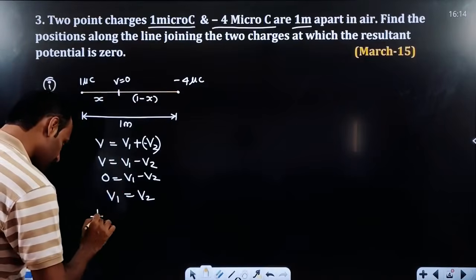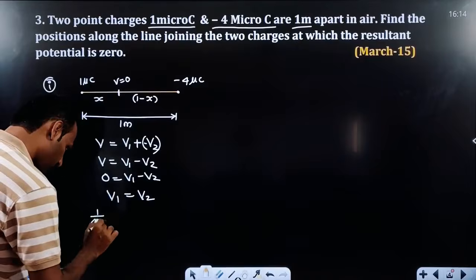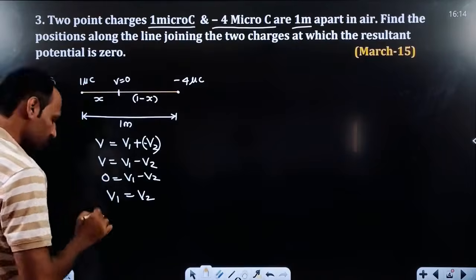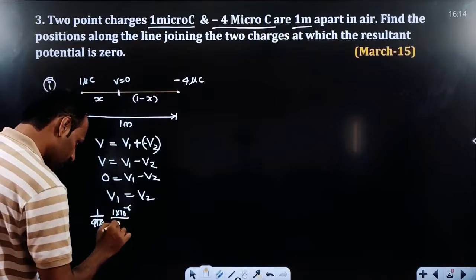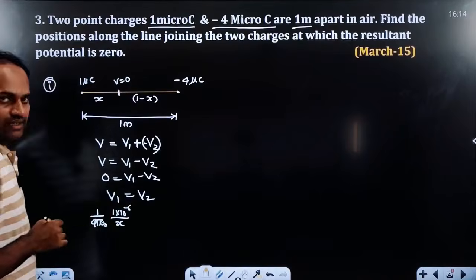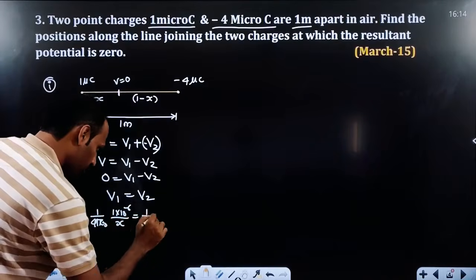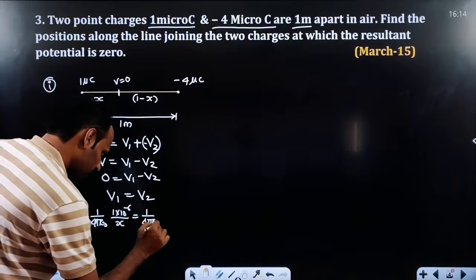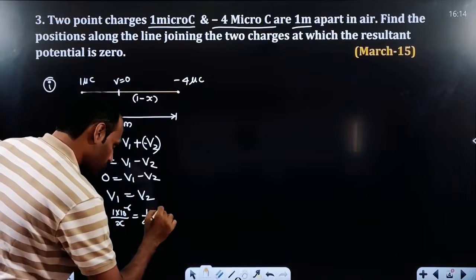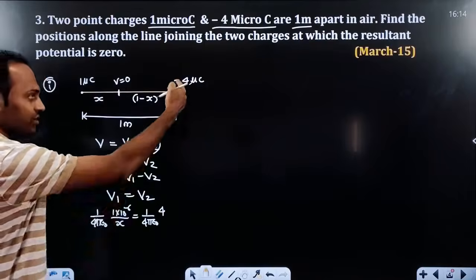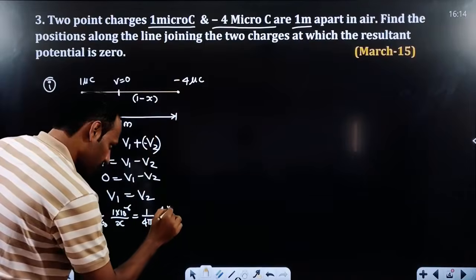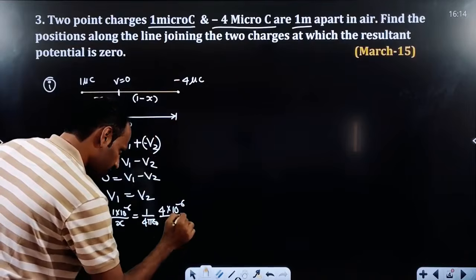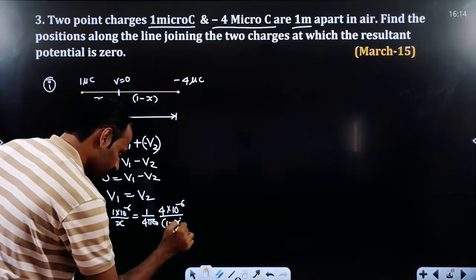Okay, so equating this, we continue. 1 by 4 pi epsilon naught, V1 is potential due to the 1 microcoulomb charge, 1 micro divided by its distance, which we said is x, equal to 1 by 4 pi epsilon naught, second charge. The second charge is 4 microcoulomb. Don't substitute the sign again here, we have already taken it. 4 into 10 raised to minus 6 divided by its distance. Its distance is 1 minus x.